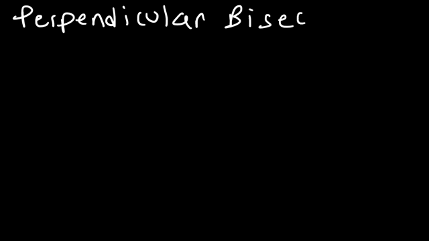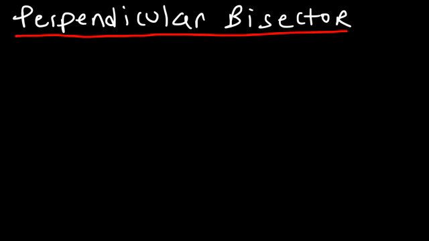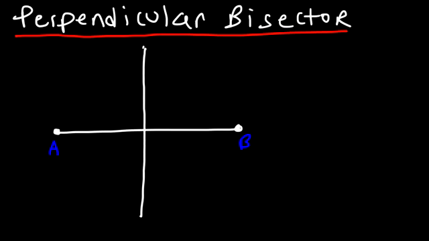Now the next thing we're going to talk about is a perpendicular bisector. Looking at the words perpendicular and bisector, what do you think this represents? Let's say we have a line segment, which we'll call segment AB, and we're going to draw a line that's perpendicular to it.